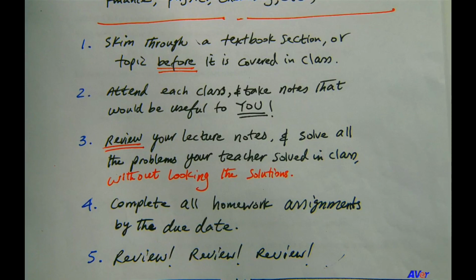Okay, so after you've done this exercise by watching the video and reading through the textbook, please complete all the homework assignments by the due date. And of course, because mathematics is always cumulative, you would want to revisit the previous material. I'd say half an hour a week.